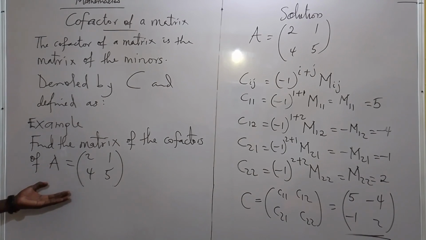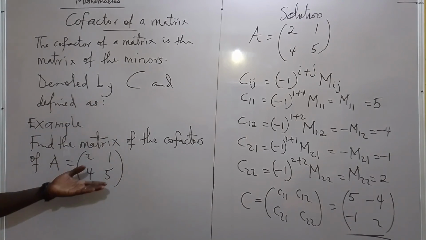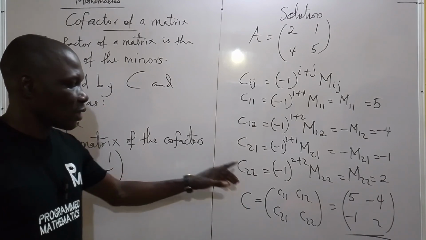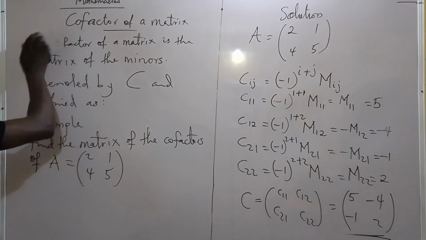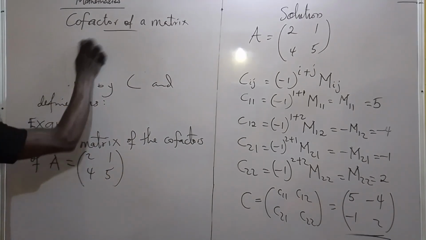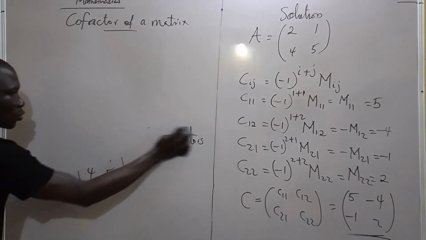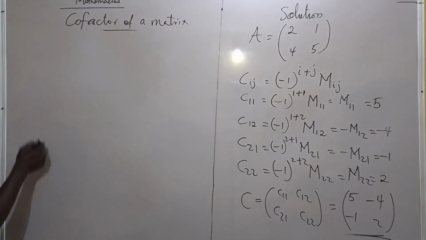So if what you are given also is a matrix of 3 by 3 order, okay, the same thing is done, only that in this case here, we're not going to stop at C22, rather we are going to stop at C33. Now as an example, let's see how we take that of a 3 by 3 matrix. How do we find the cofactors of a 3 by 3 matrix?